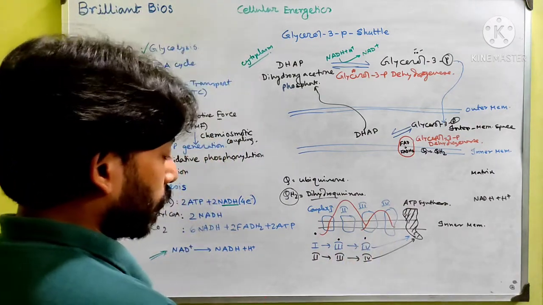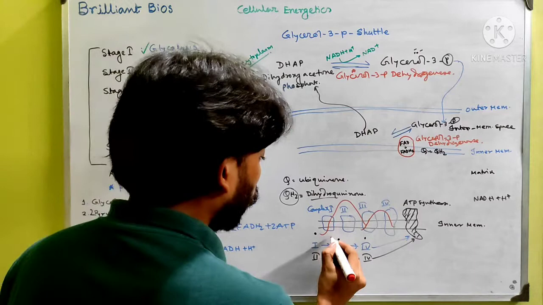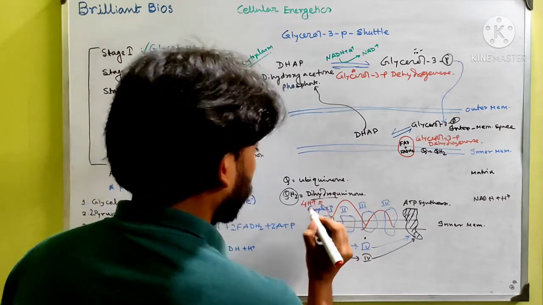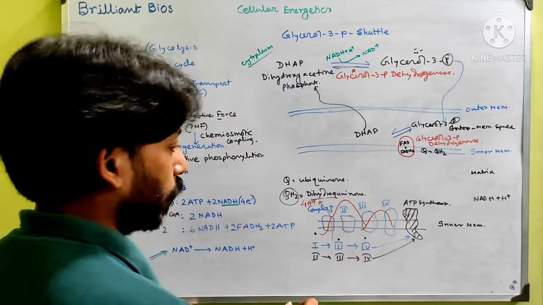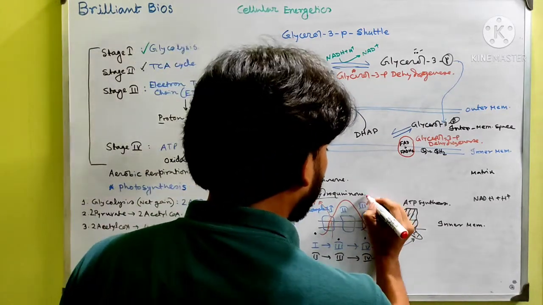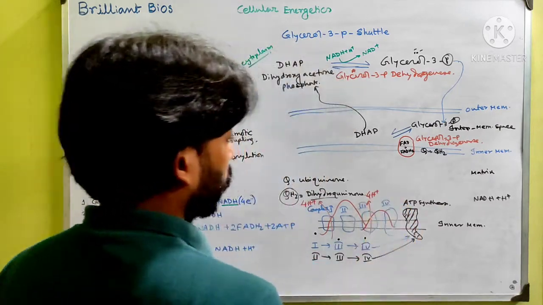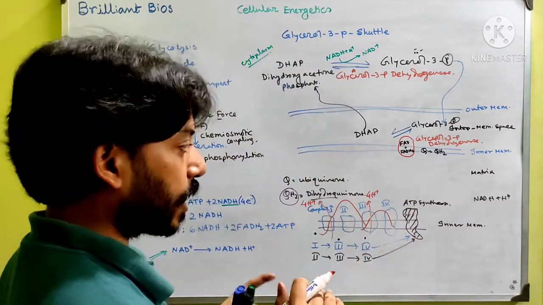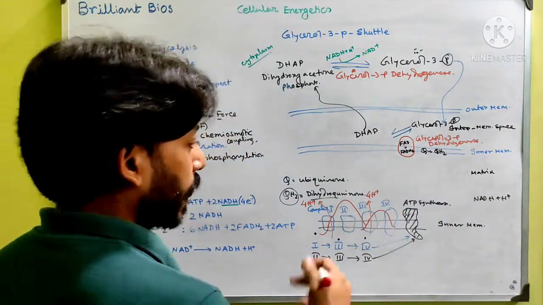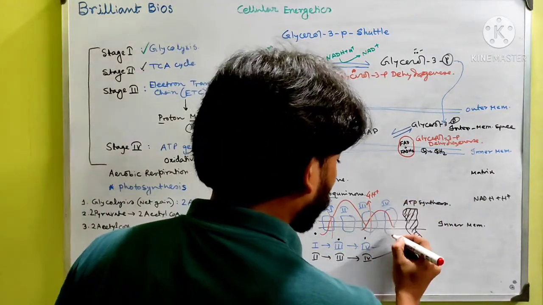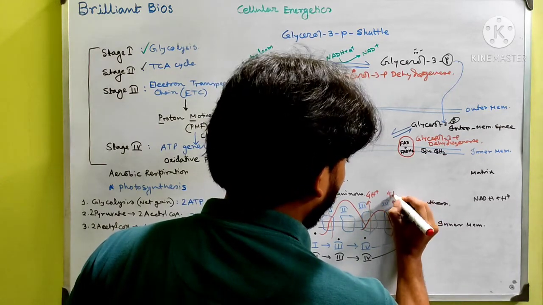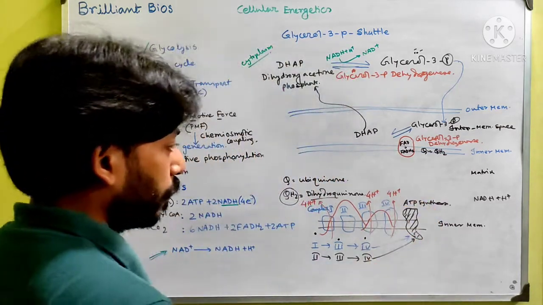When the electron passes through complex 1, 4 H plus protons are released from complex 1. When the electron passes through complex 3, 4 H plus are released from complex 3, 2 directly and 2 hydrogen from the quinol. Okay, quinol. Then when the electron passes through complex 4, it helps in the transportation of 4 hydrogen protons.